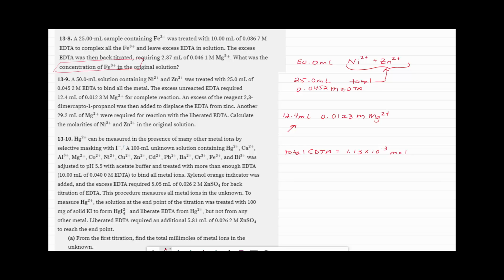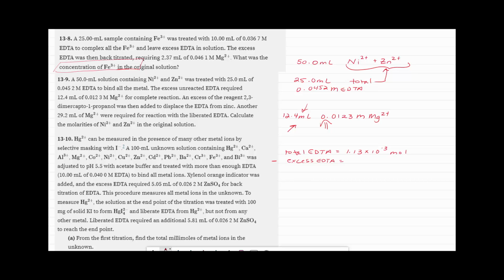I need to subtract the excess EDTA, and that's going to be equal to these moles. So I'm going to take 0.0124 for the volume of the magnesium, and multiply that by 0.0123 for the molarity.